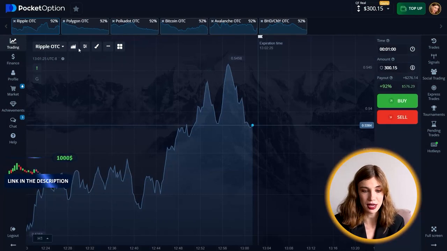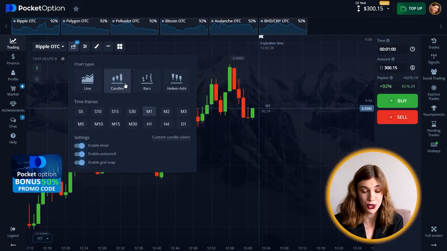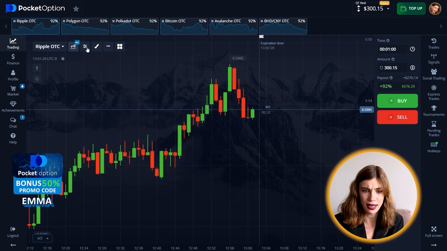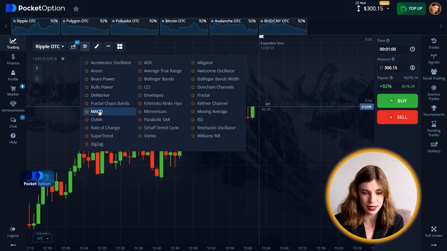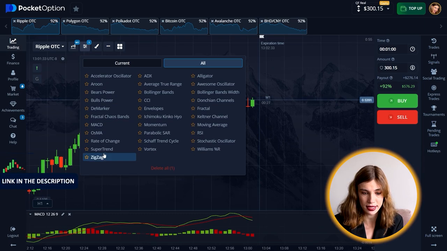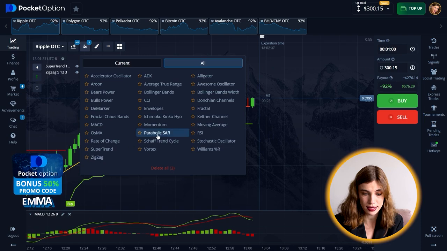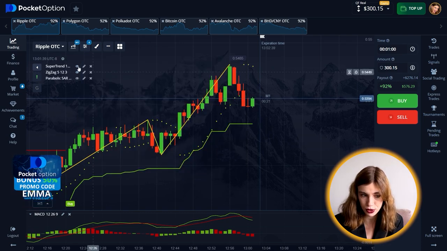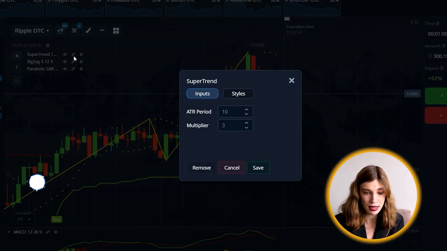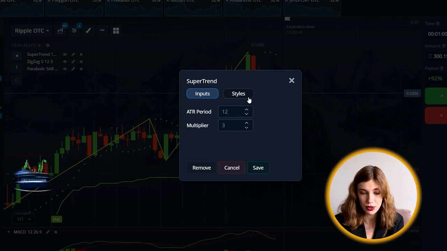For today's session, I'm picking not one, not two, not even three, but four different instruments: MACD, the Supertrend, the Zigzag, and the Parabolic SAR.